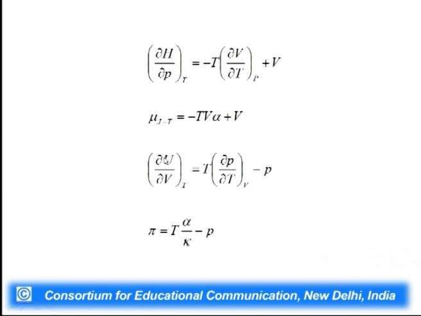Similarly, we have another equation which relates del U by del V at constant T with del P by del T at constant V, and this is given by T del P by del T at constant V minus P. So internal pressure equals T alpha by kappa minus P. Here mu JT is the isothermal Joule-Thomson coefficient, where pi is internal pressure, and these two can be expressed in terms of alpha and kappa.